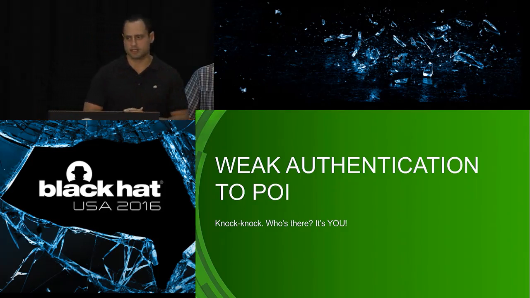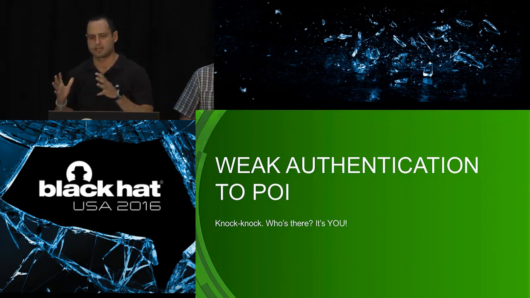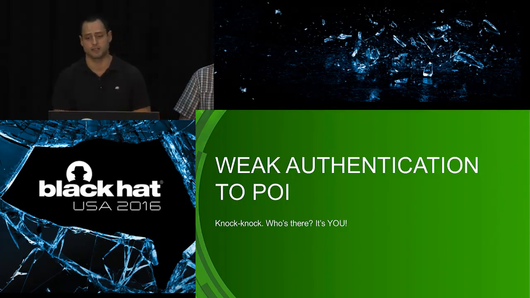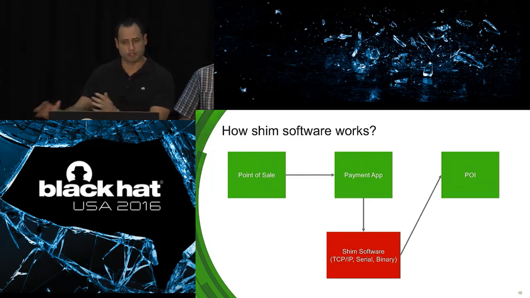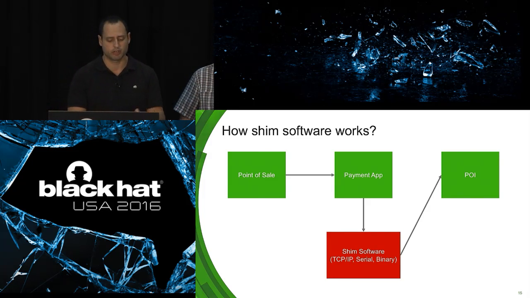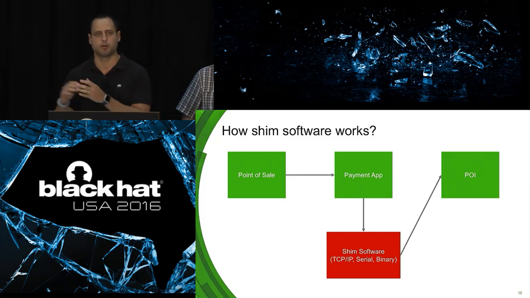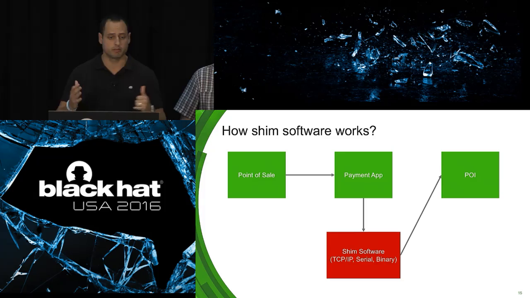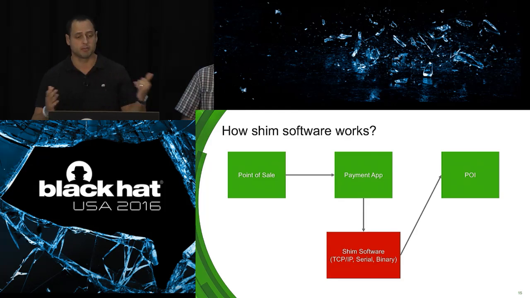The thing is that we can exploit the payment flows by exploiting a simple thing in the authentication mechanisms to the point of interaction. The way that we're going to attack it, as I mentioned, is by putting a shim software between the payment application and the point of interaction. It can be done using a regular man-in-the-middle attack.